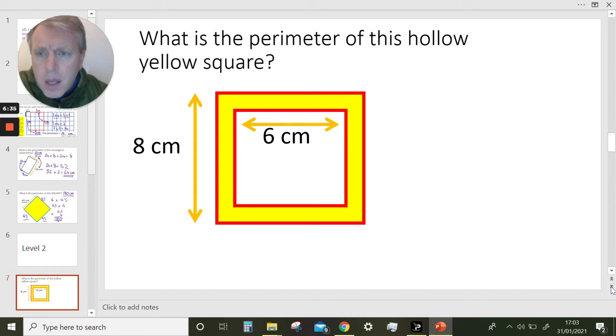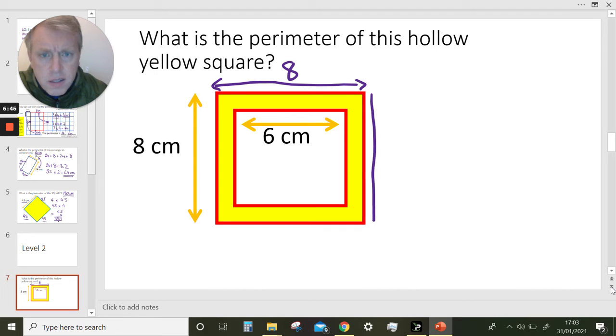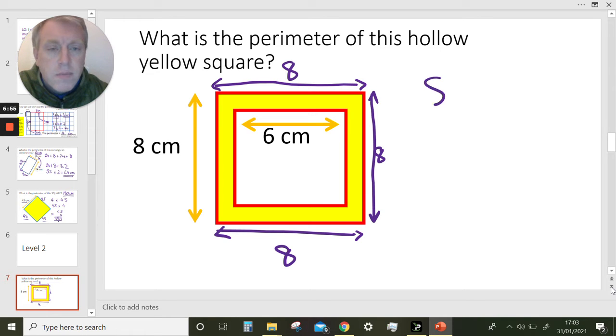Well, interesting. On the outside, each of the sides is 8 centimetres. So it's 8 times 4 equals 32.